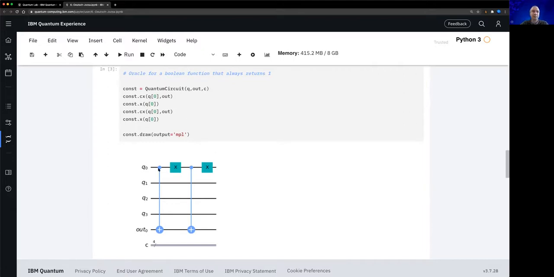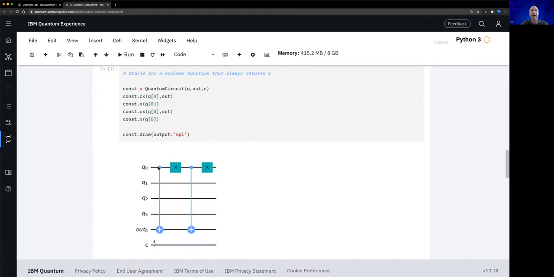For instance, what I'm doing here is to use a C-NOT from the first qubit to the output, and then these X gates and the C-NOT gate from the first qubit to the output. So what this circuit does is, if Q0 is 1, then it is going to add 1 here.